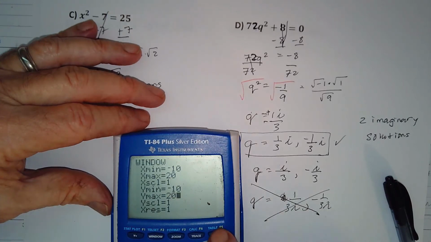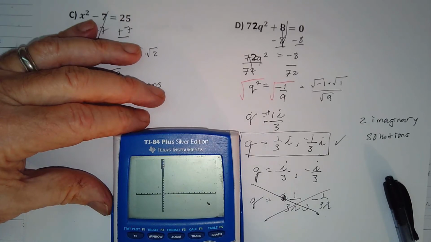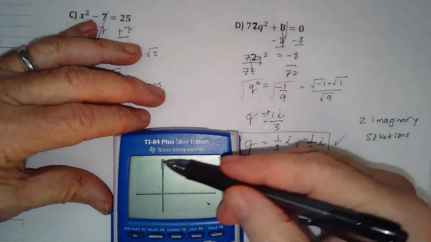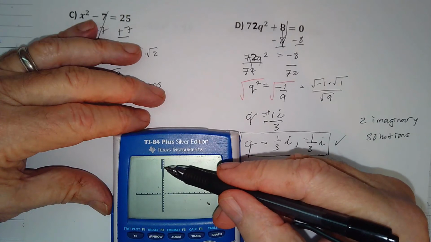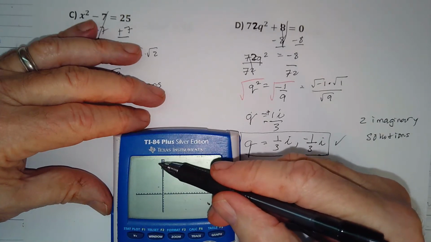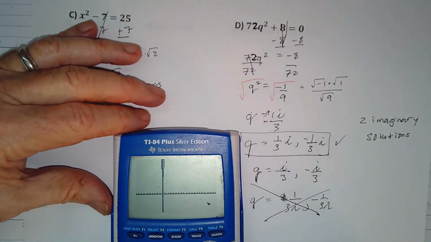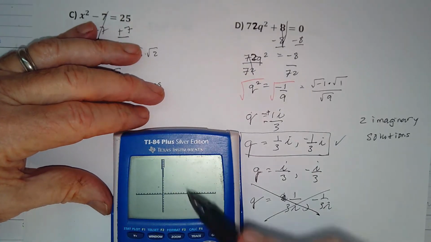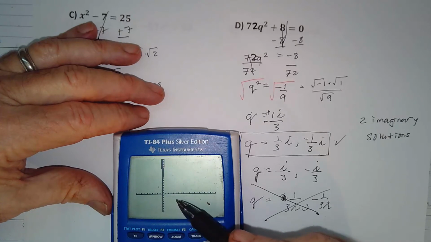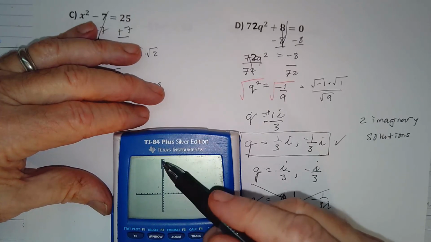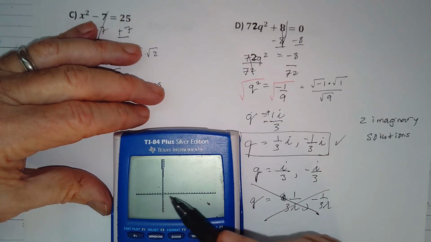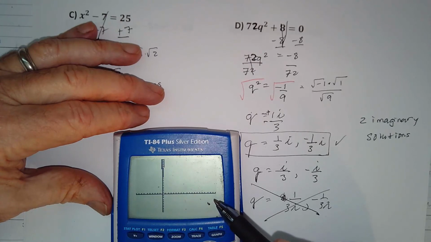And then I'm going to redo the graph. Now, you'll notice that there is a parabola. It's a skinny thing, and it's up here at the top. But it's right off the y-axis, right on each side of the y-axis. But it doesn't touch the x-axis at all.